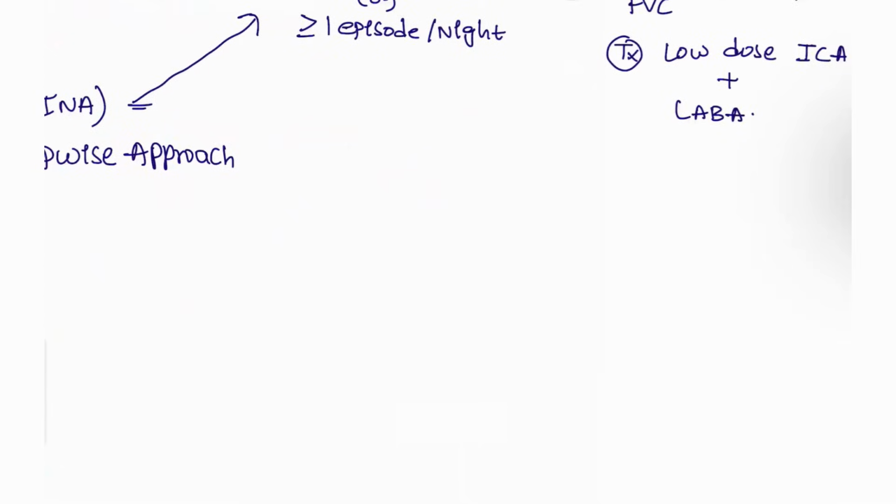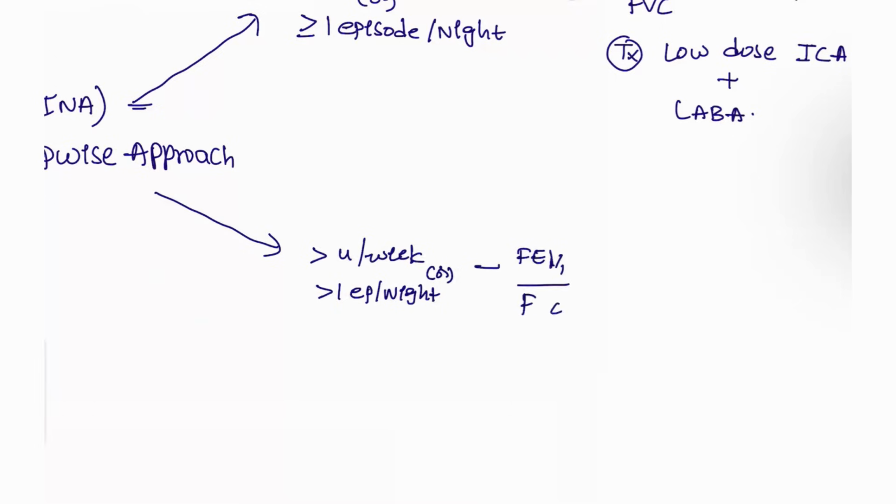Next, again, the approach is the same. If the patient is having more attacks per week or more than 1 episode per night, this patient's FEV1 by FVC, if it is still less than 30% without improvement, then you have to go for the medium dose of inhaled corticosteroids plus LABA agents.